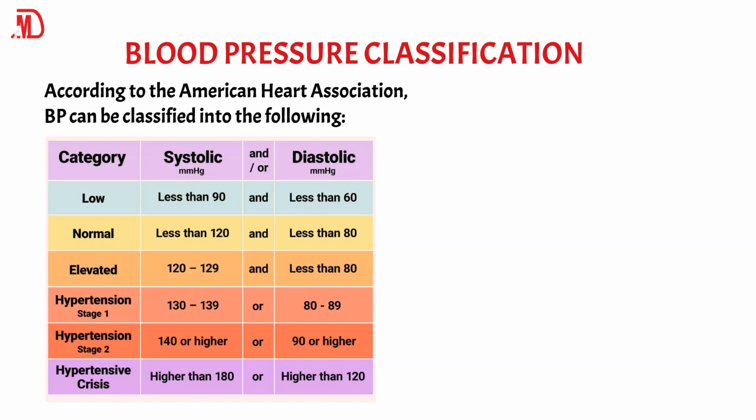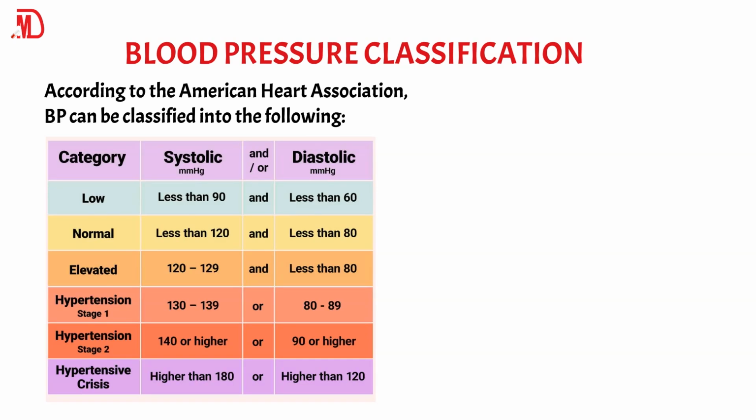Then we have elevated blood pressure. Elevated blood pressure has a systolic of between 120 to 129 and a diastolic of less than 80. I repeat, elevated blood pressure has a systolic between 120 and 129 and diastolic less than 80.